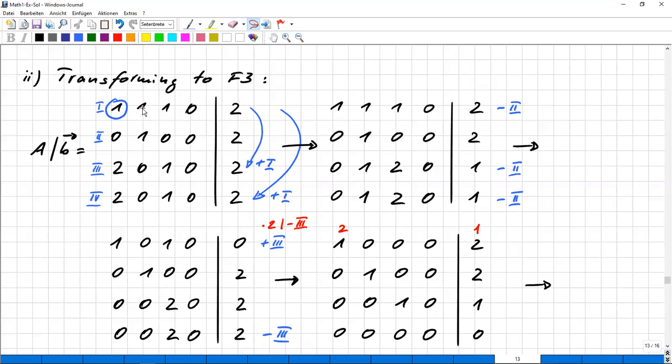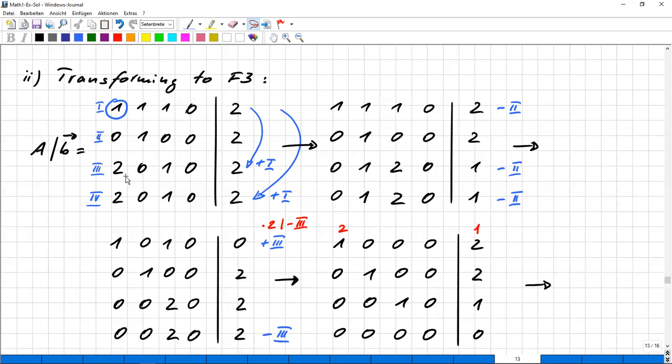And in this case, I just add the first line to the third. You know why? This is what I mean with +1. I add this because by chance now 1 + 2 = 0. That's the special thing about field F3. Usually I would have to take this row times 2 and then subtract it from here to get a 0 here, like 2 - 2 × 1 = 0.